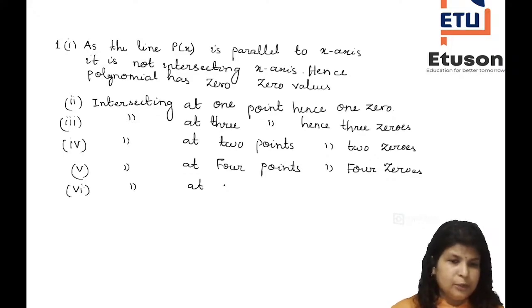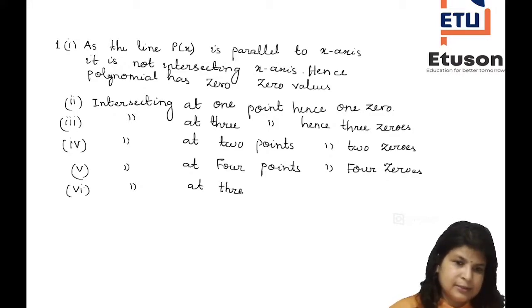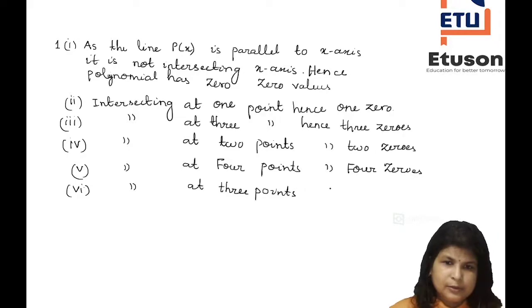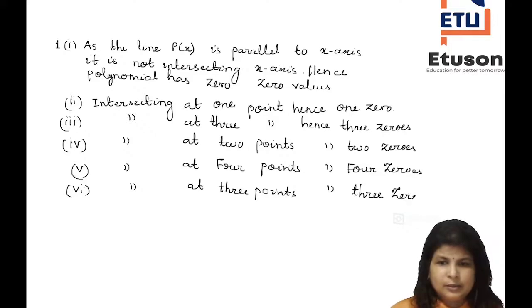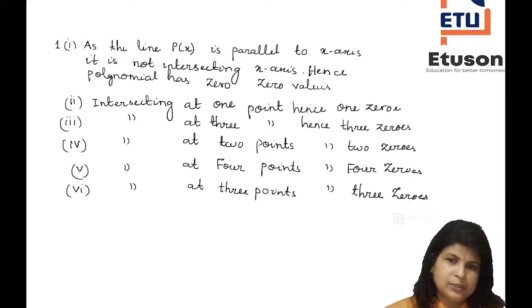I'm not writing the full sentence, I'm telling you, please write down: the line p(x) is intersecting the x-axis at 3 points. Hence, how many zeros does it have? It has 3 zeros.